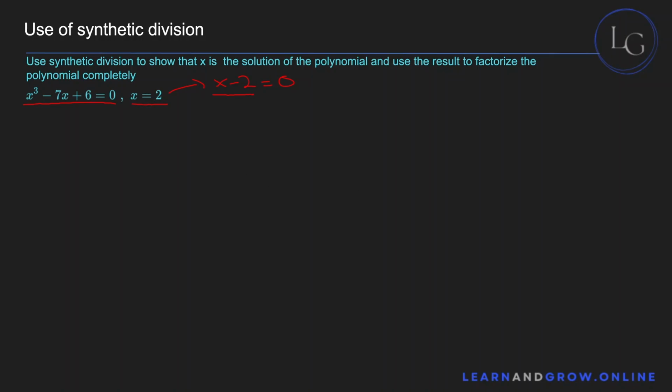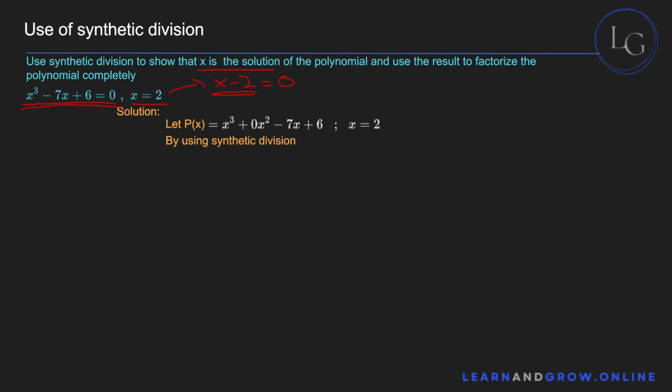So we need to confirm if x is equal to 2 is a solution of this polynomial, and we'll use the result of the synthetic division that we're performing to find out the quadratic factor that will be multiplied with this linear factor.